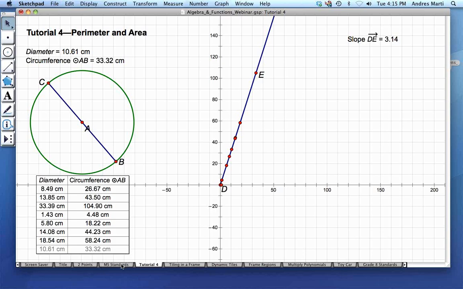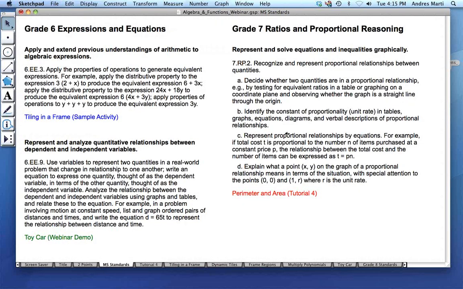I don't think I ever made it as a student. I knew that circumference was equal to pi times the diameter as a formula, but this idea that if you plot the circumference against the diameter for any circle, you end up with a proportion whose slope is pi is very powerful. And I think it really gets to the heart of this whole standard here.